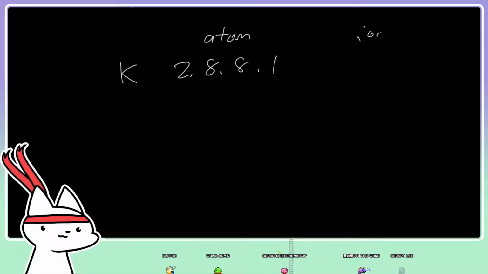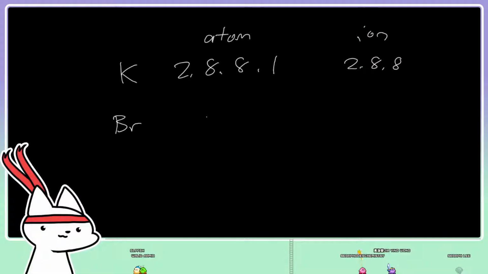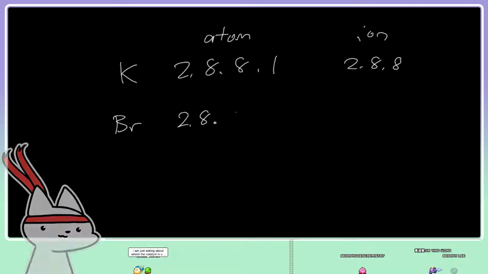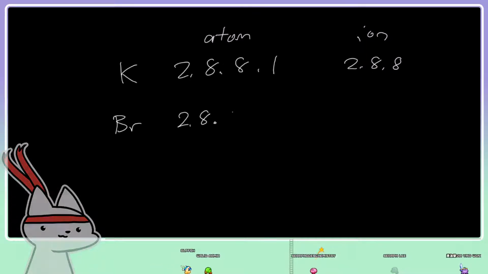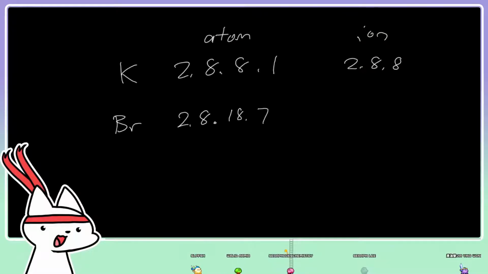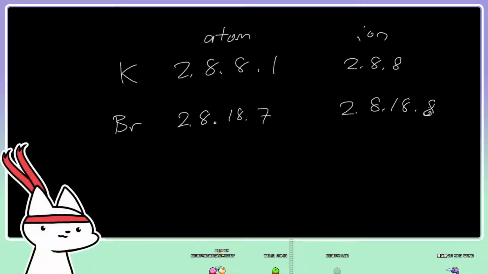When it becomes an ion, it becomes 2, 8, 8. Whereas bromine, if you look at the periodic table, it's in the fourth period, so it's 2, 8, 18, 7. So it should become 2, 8, 18, 8. So as you can see, it's not the same. So yeah, okay, so that's that.